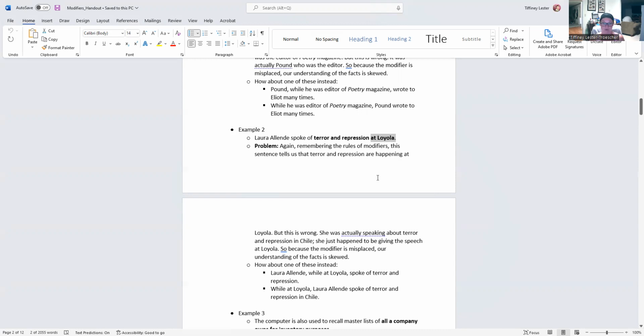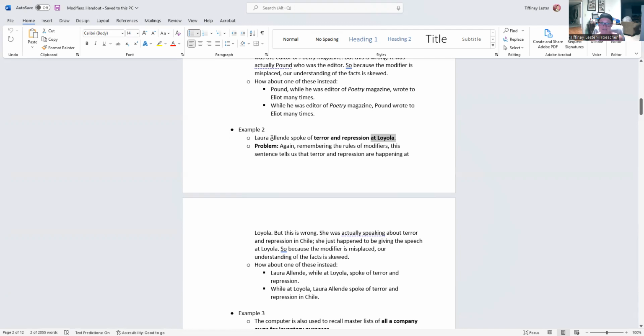Laura Allende spoke of terror and repression at Loyola. But that's not actually what's happening. The terror and repression are happening in Chile. She is simply speaking about it at Loyola.